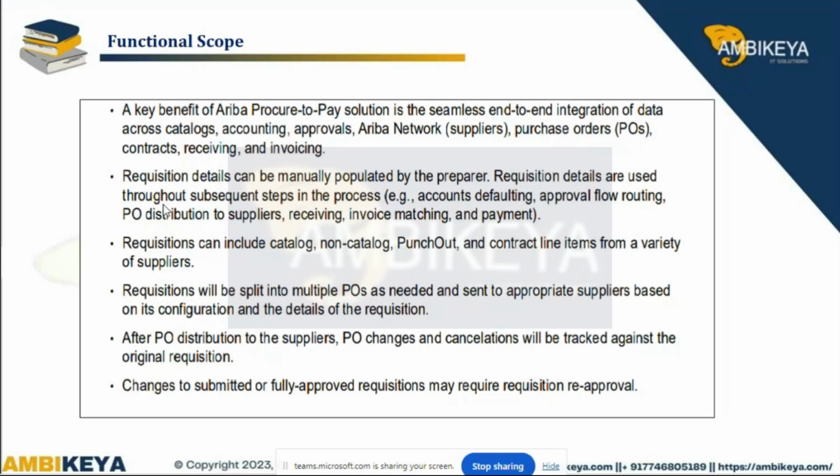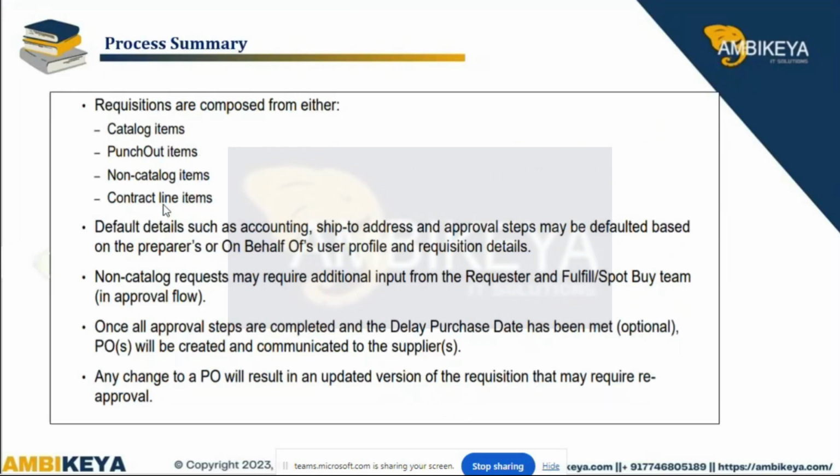I think you can observe the same behavior in SAP MM as well. Whenever you change a quantity or amount, it re-triggers the workflow from scratch. Similarly, here also you can configure this.